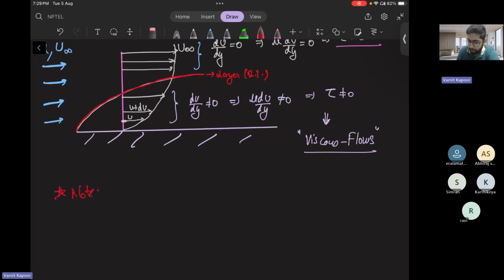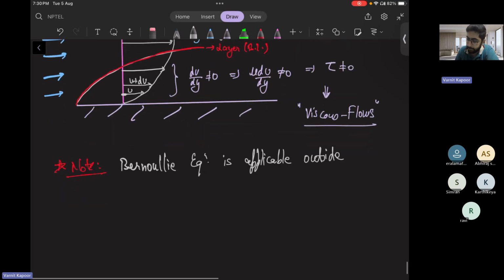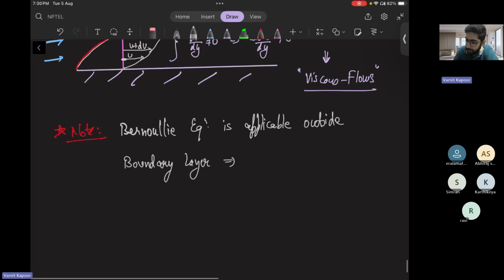I'll explain this Bernoulli equation and everything in later sections. The Bernoulli equation is applicable outside the boundary layer, that is, for non-viscous flows.